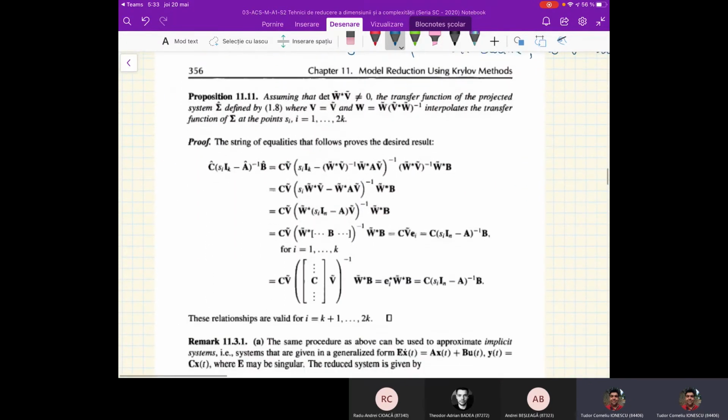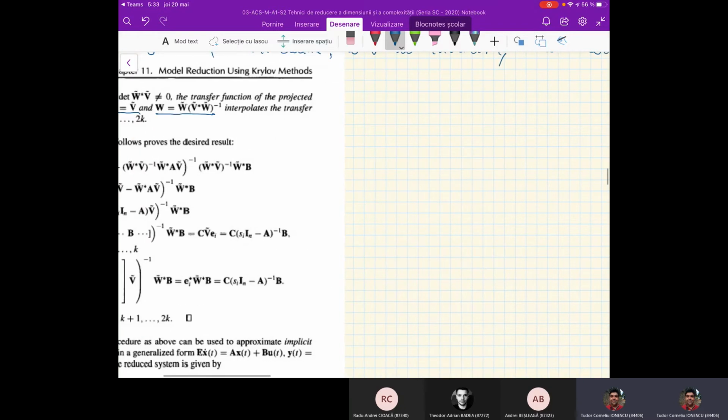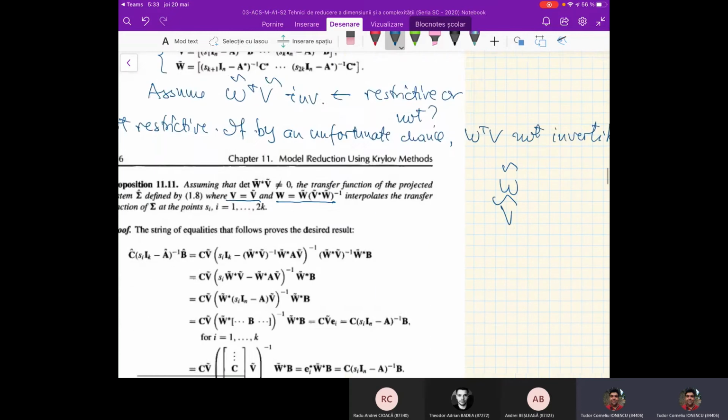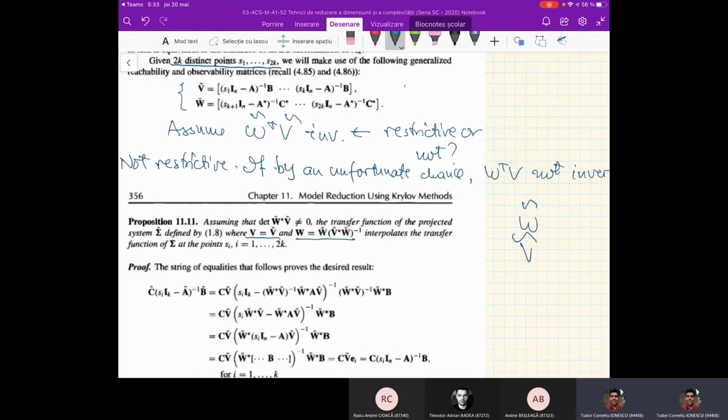Okay? So the proposition is like this. Assuming that this matrix is invertible, the transfer function of the projected sigma hat with V equal V tilde and W having this form, note that W hat and V hat with this construction, let's call this square.